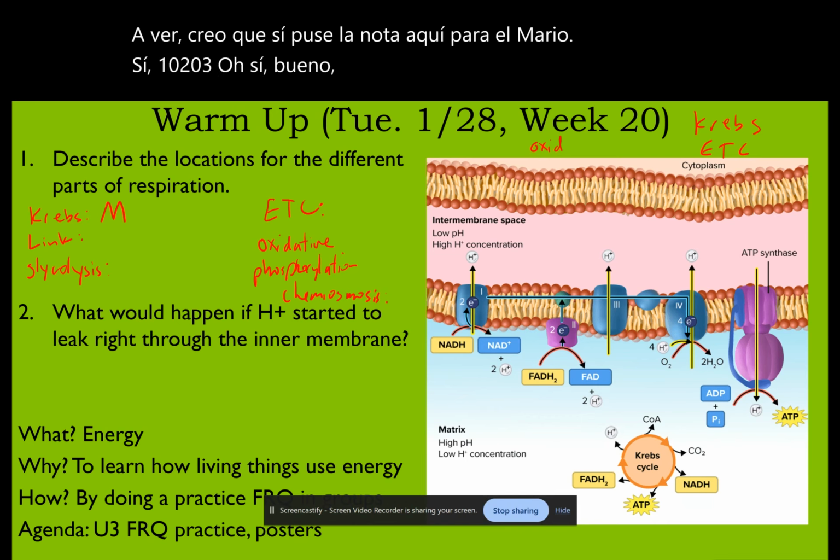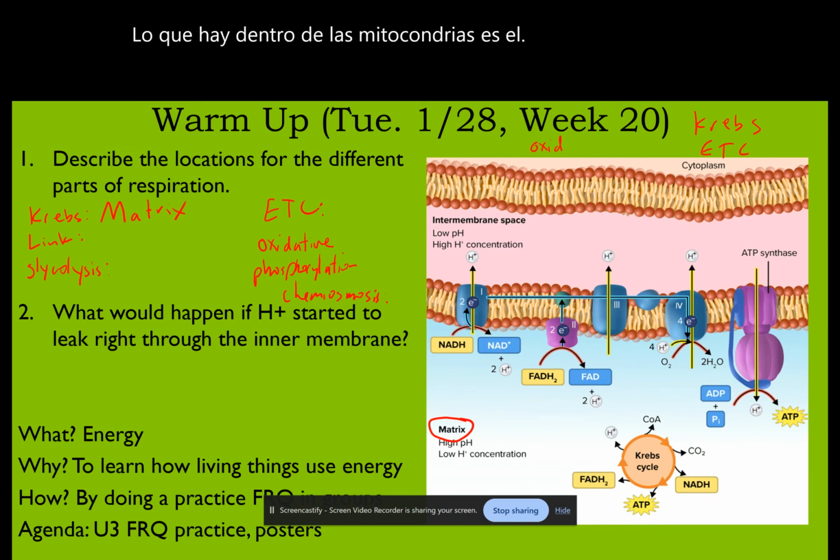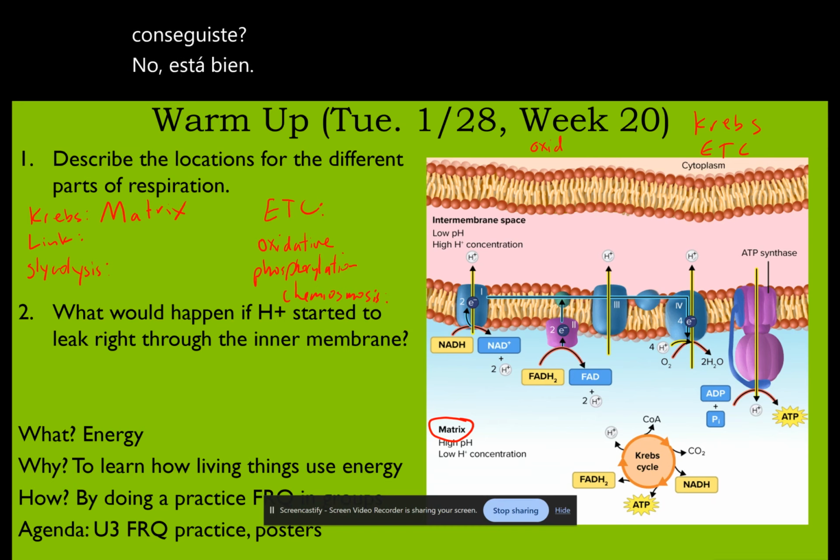All right. So, the stuff inside the mitochondria is the matrix. Okay? What about the link reaction? Did you get that one? No? Okay. Let's see. Willman, what do you know about where the link reaction takes place?